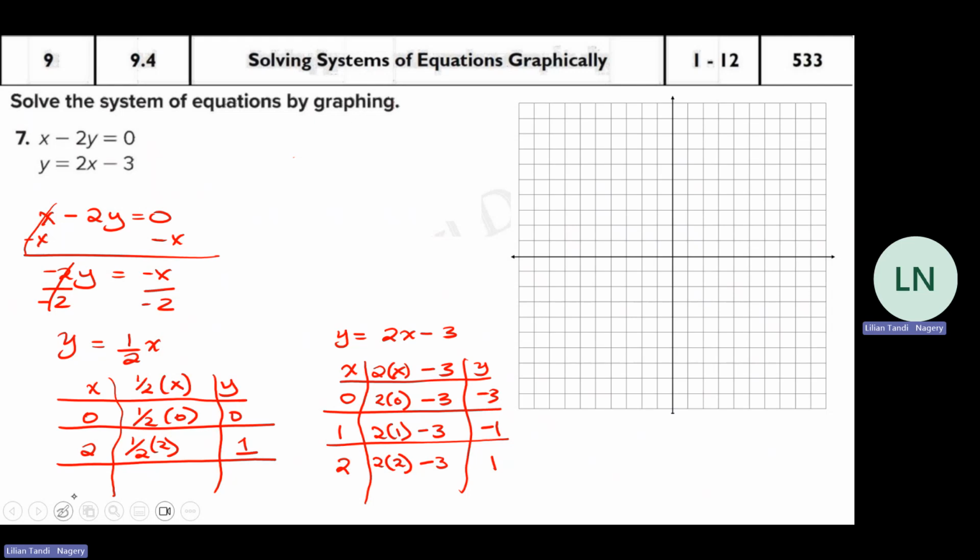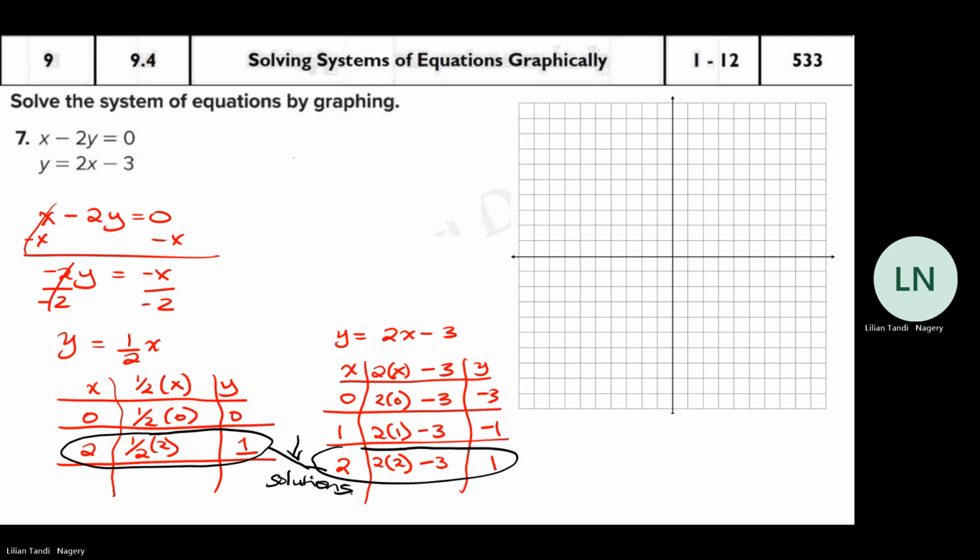Why do I stop here? Because this point and this point are the same. So this is my solution. When I graph my lines, my lines must meet at (2, 1). If they don't meet at (2, 1), I am wrong. Okay?